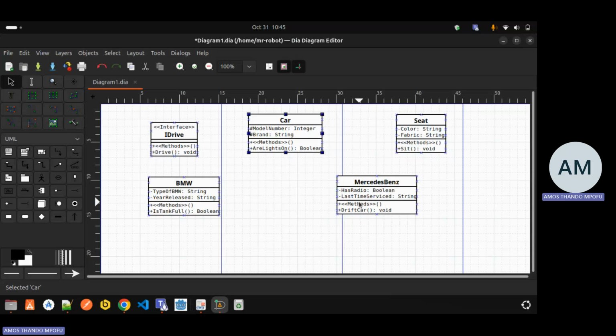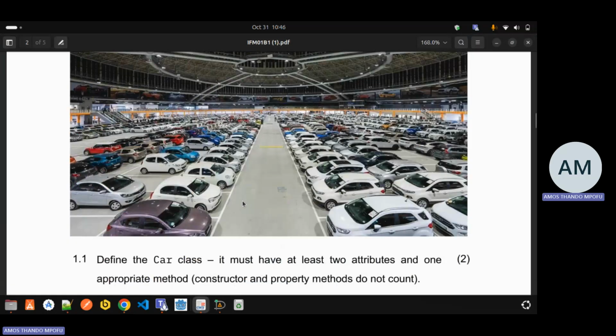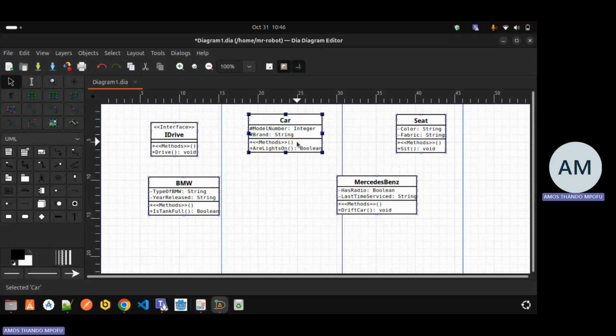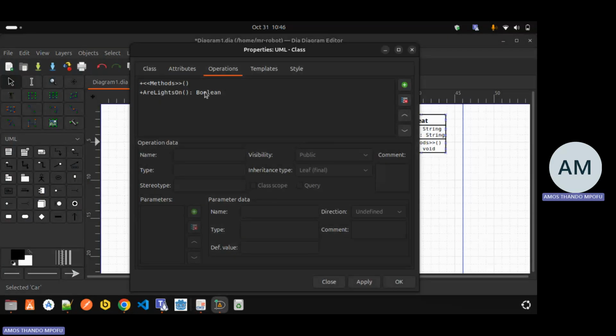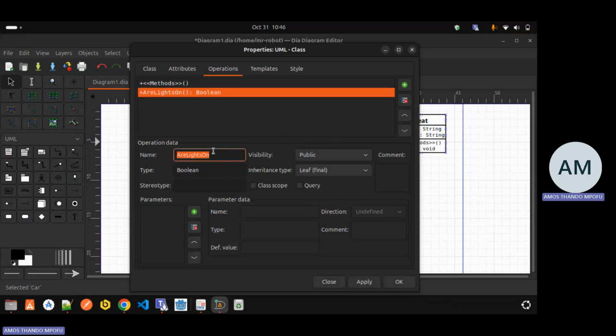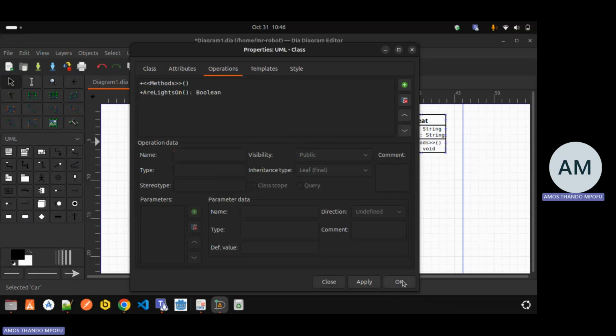I'll just leave it as are lights on. Or you can come up with something, maybe you guys can come up with something more creative. What other method can we add? Or you can say has insurance, right? You see, I'm starting to come up with a lot of things.